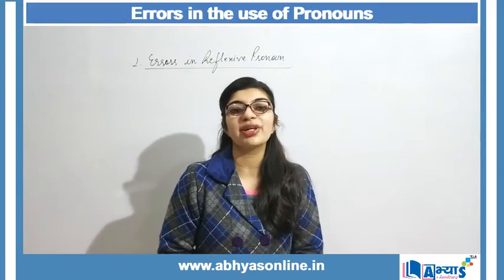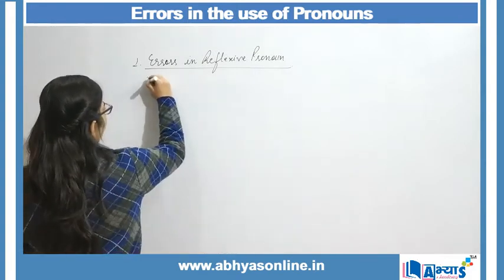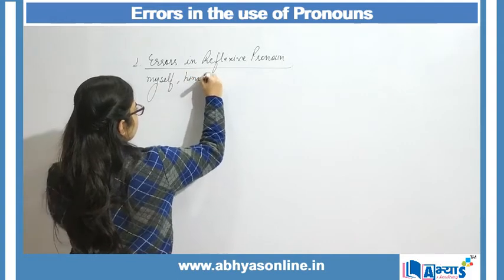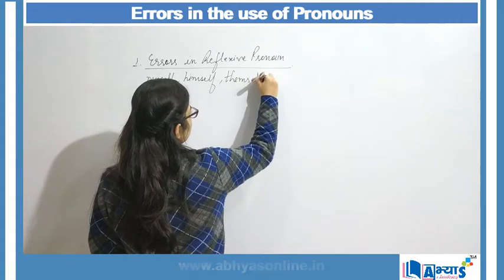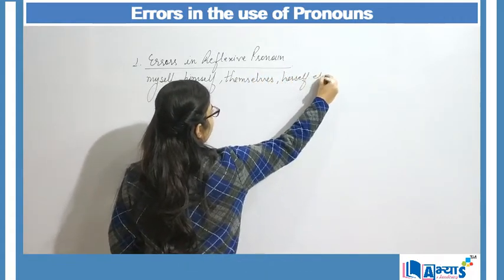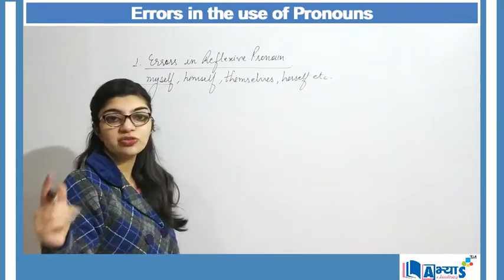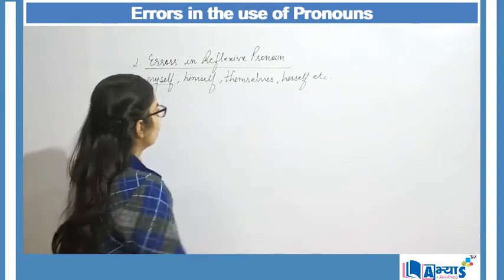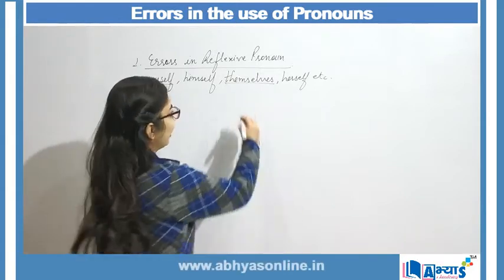A reflexive pronoun always ends with self. For example, myself, himself, themselves, herself, etc. Here if I use myself as a reflexive pronoun, it means that the subject will be I. If I am using themselves as a reflexive pronoun, it means that the subject will be they.